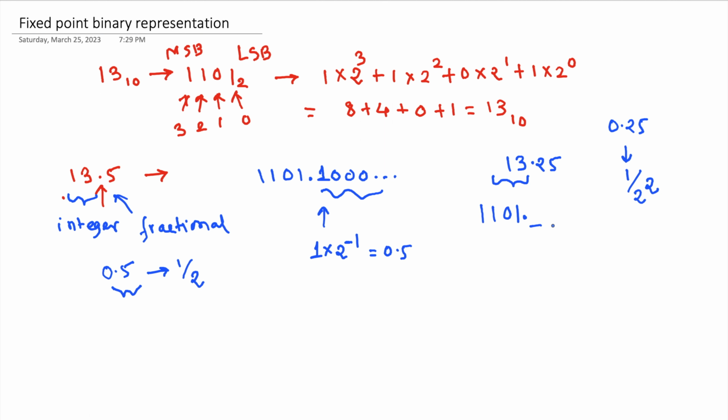So we should have some indexes here: this is 2 raised to minus 1, this is 2 raised to minus 2, and so on. Since this is just 0.25, it should come 0, and this should be 1, and 0, and so on and so forth. So this is how we represent 13.25 with a binary representation like this.